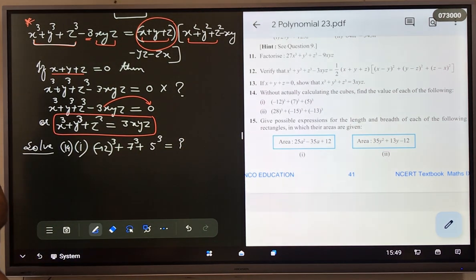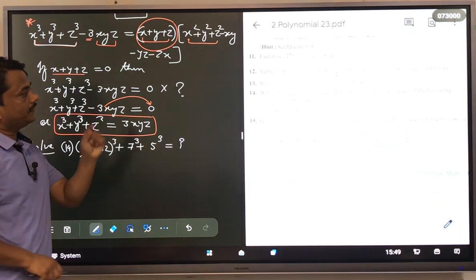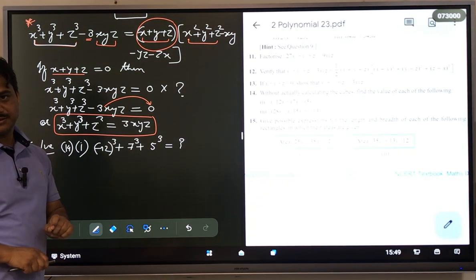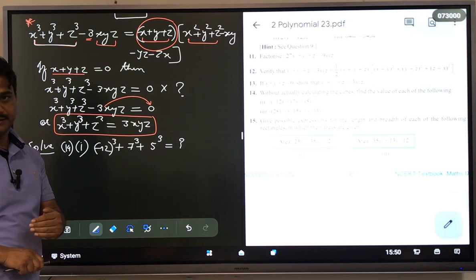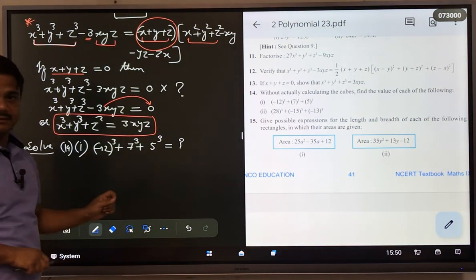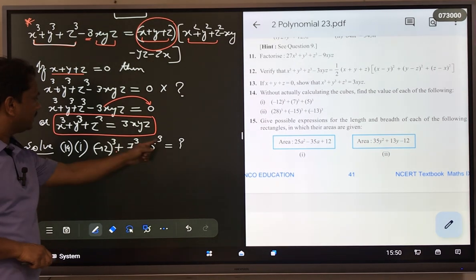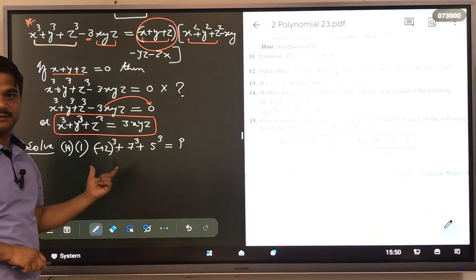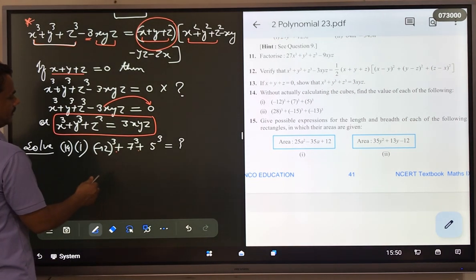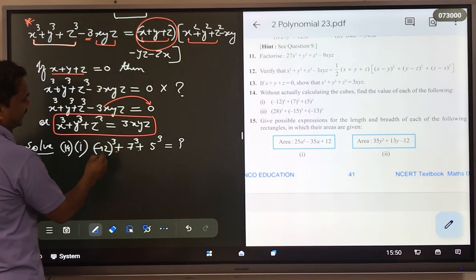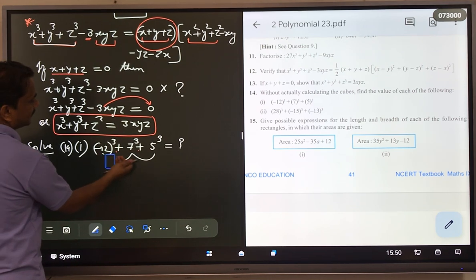The question gives the instruction: without actually calculating the cubes. Means the calculation of the cube does not matter here. We have to observe the pattern, the sum of cubes of three quantities. So first we check their linear sum. What is the meaning of linear sum?